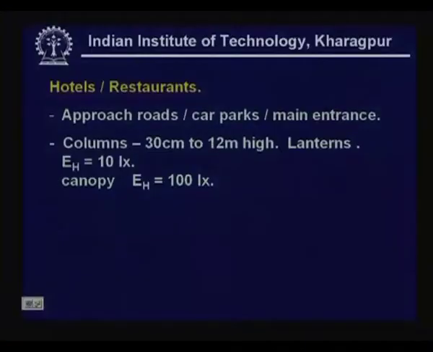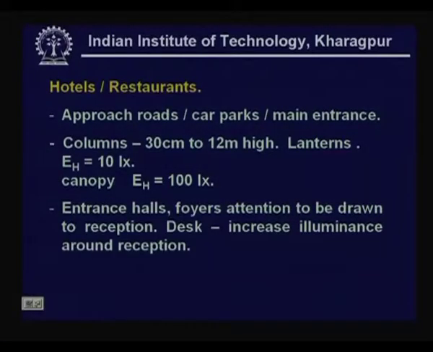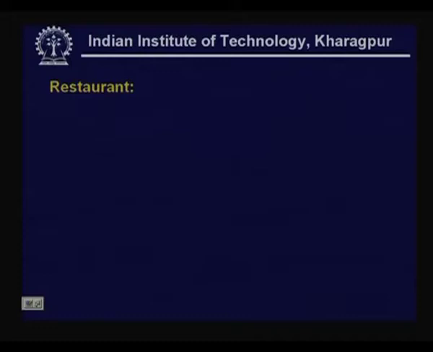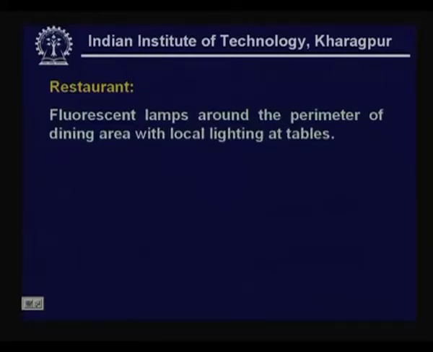The entrance halls and foyers need to have lighting so that people are drawn to the reception desk, and therefore the reception needs more increased illuminance than the general lighting in the foyer. It should be completely flexible. Coming to a restaurant, you could have fluorescent lamps all around the dining area with local lighting at tables.